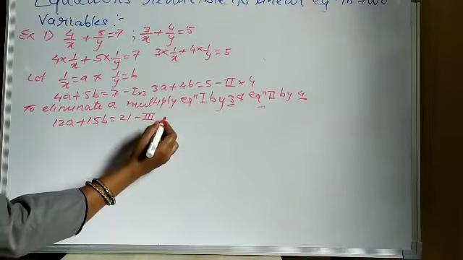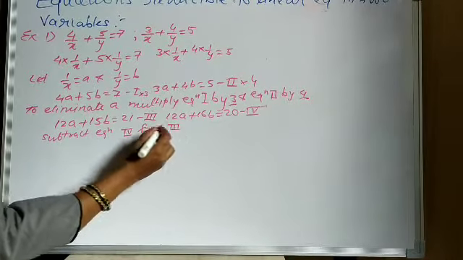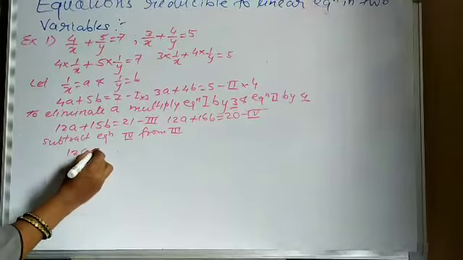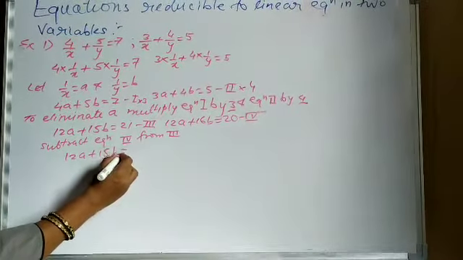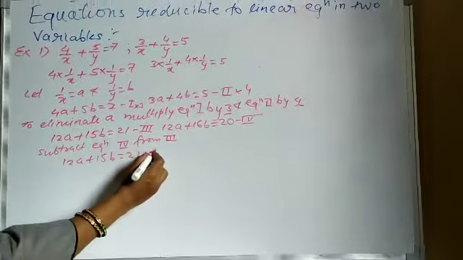Now subtract equation 4 from 3. So equation 3 you write first, 12a plus 15b is equal to 21. And equation 4, 12a plus 16b is equal to 20.